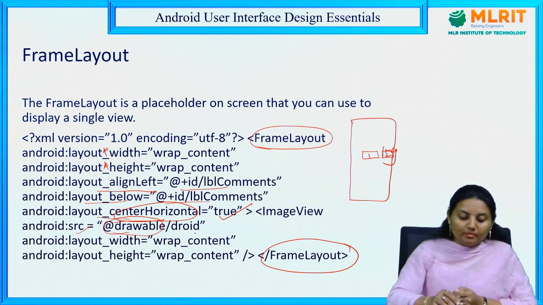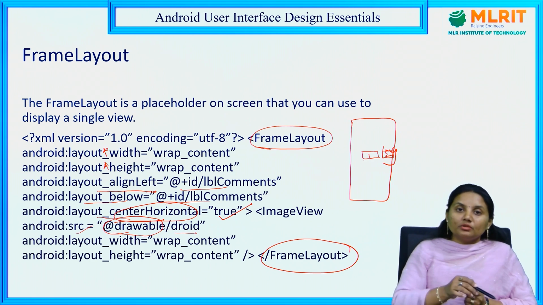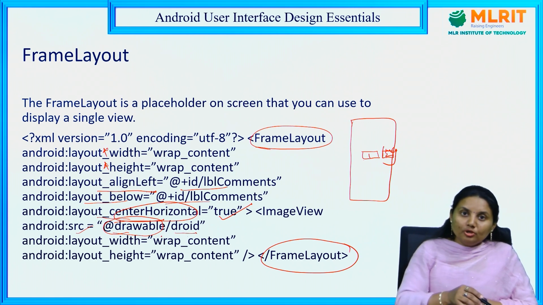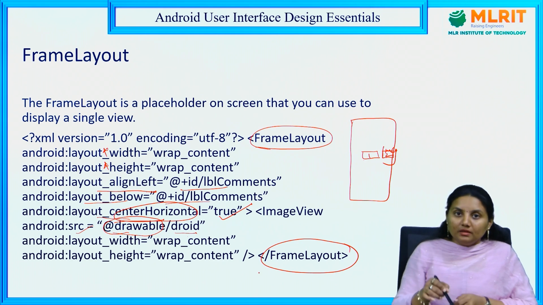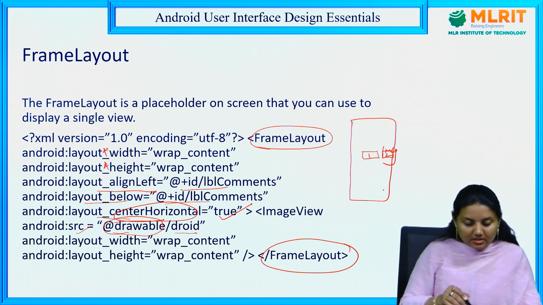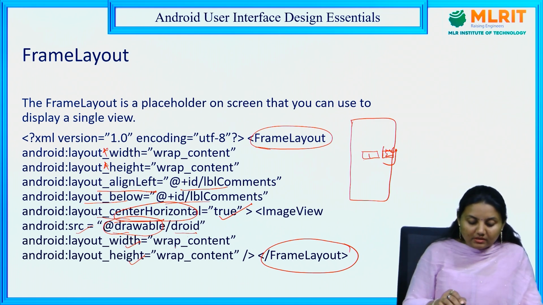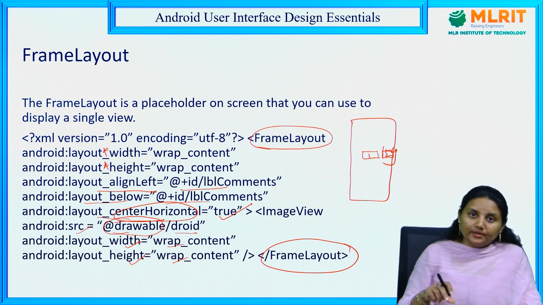In the drawable folder you will find the name of the image that you have saved. So that path is given here to make use of that image in your application design, so that the image can be visible here. Its width and height can also be maintained. Since we have given wrap content, what will be the size of the image? The default size that you will get. And you close the frame layout after writing all the properties.